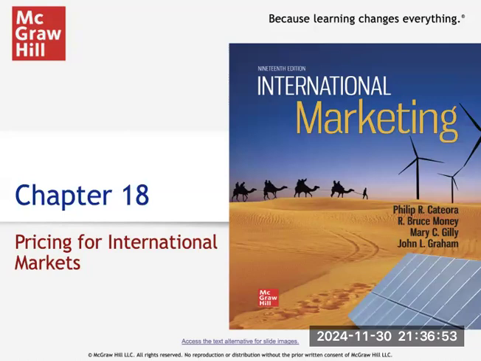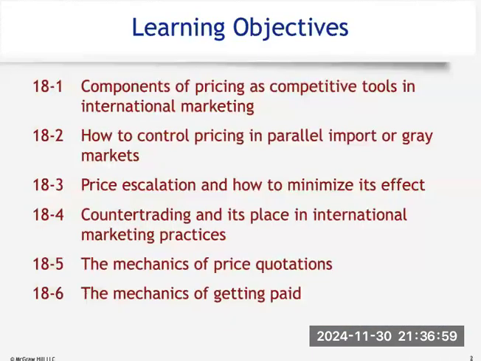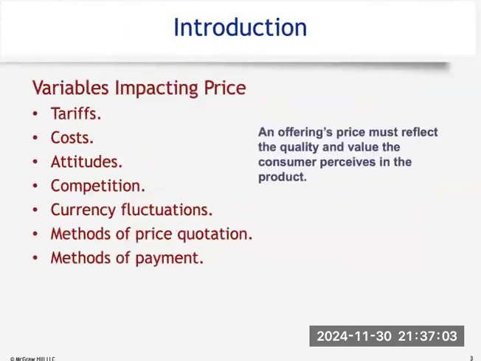Let's go over this. I have about 41 slides, and I'm going to touch on the most important items as far as pricing. As you know, we've gone over all of the other P's: product or service, promotion in international markets, and place, which is distribution.